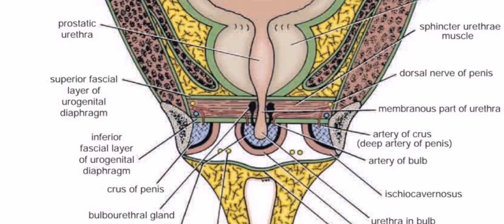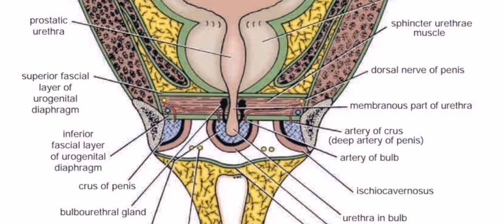It is the least distensible part. أقل جزء ممكن توسيعه أو ينطمن روحه من البروستاتيك urethra. It is about 1.5 cm in length and lies within the urogenital diaphragm, surrounded by the sphincter urethrae muscle. This is about the posterior urethra.